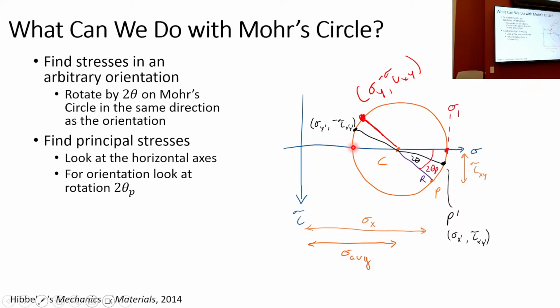That's when I'm going to be on the sigma axis, or when tau is going to be equal to 0. So we have a sigma 1 and a sigma 2. Typically, we say sigma 1 is larger than sigma 2. That's another sort of rule. So we just look over here and figure out where sigma 1 and sigma 2 are located.